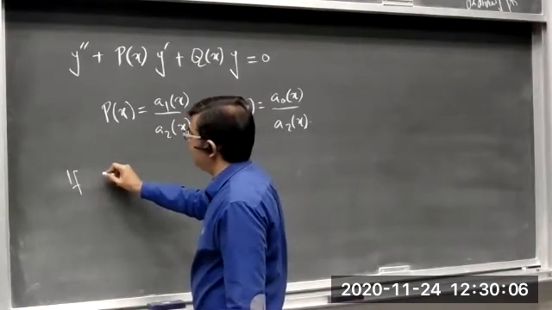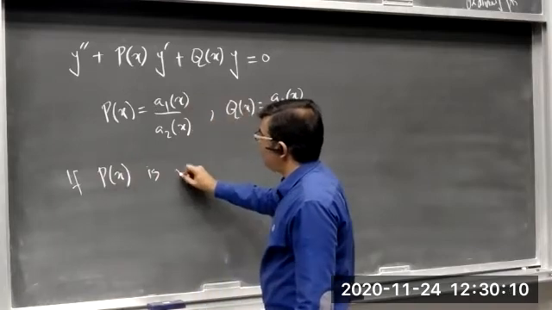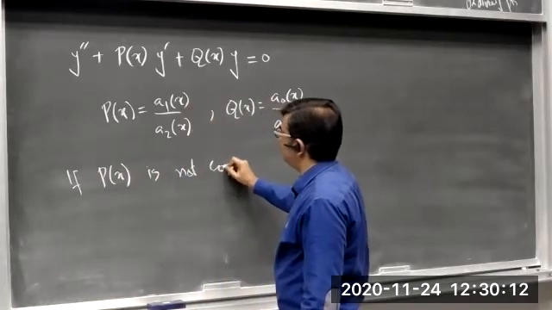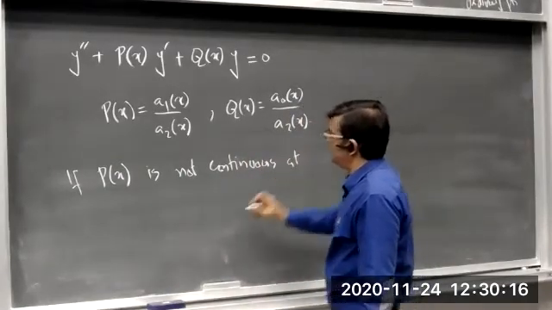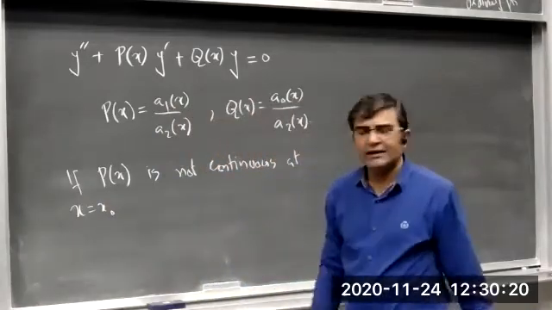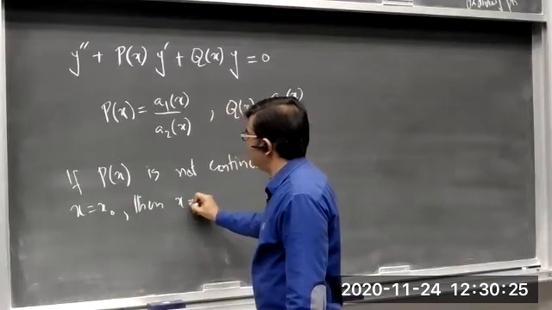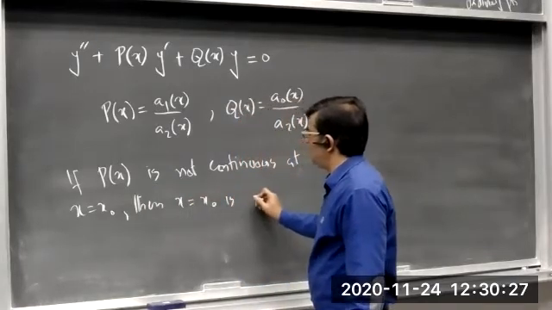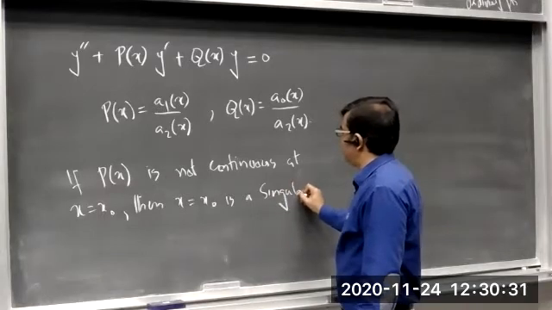If p of x is not continuous at x is equal to x naught, then x equal to x naught is a singular point of the given differential equation.